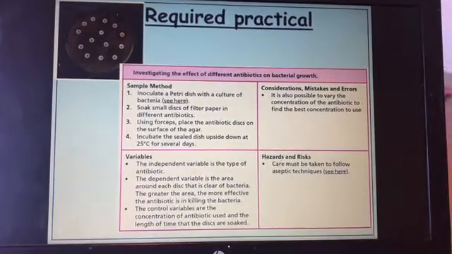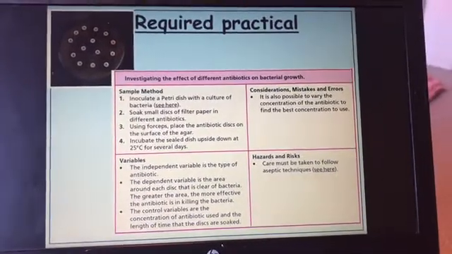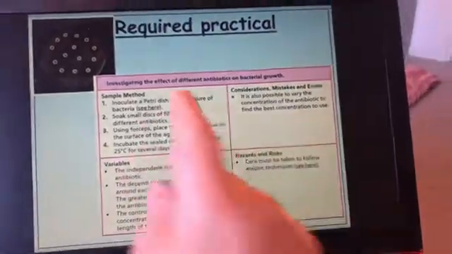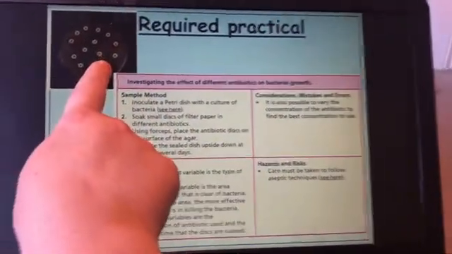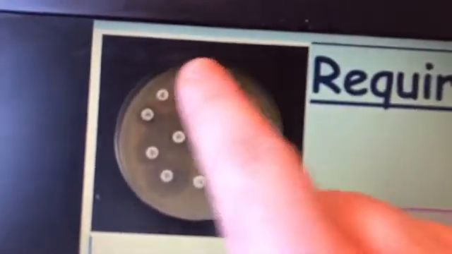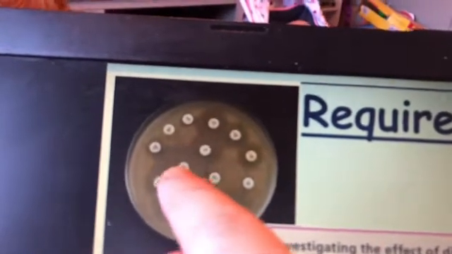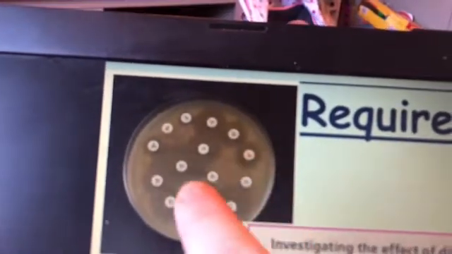There is a required practical you do on agar plates, so you'll have a strain of bacteria, which is the brown bits, and then you'll put different types of antibiotic discs on which are soaked in antibiotic, and then what you'll find is a good antibiotic will actually kill most of the brown bacteria.